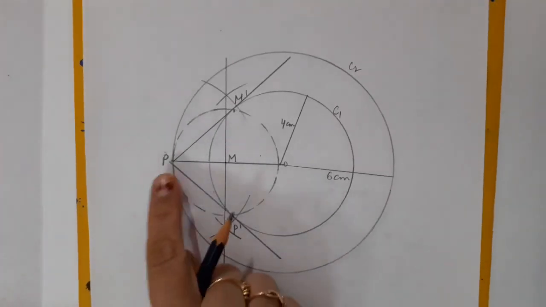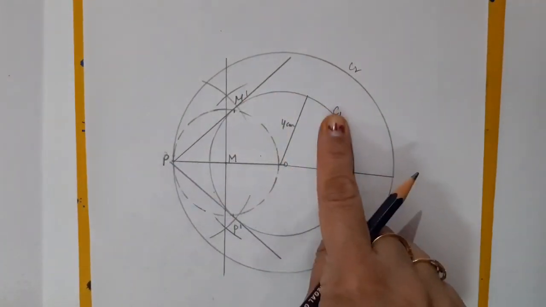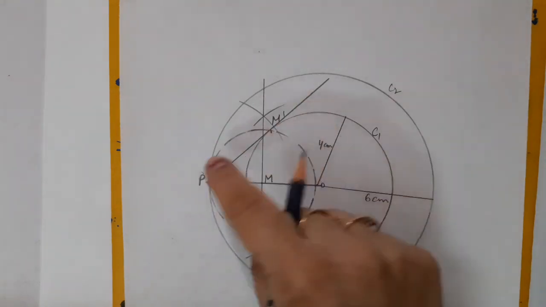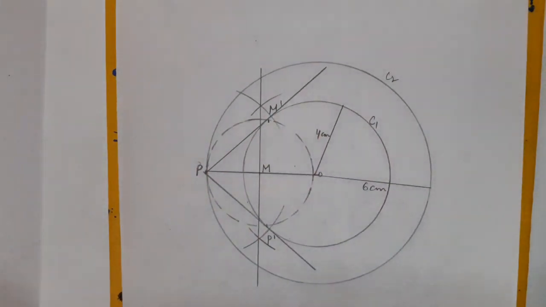Correct? So this is the external point of this internal circle C1, and from here I have drawn two tangents, that is PM dash as well as PP dash. So PM dash and PP dash are the required tangents.